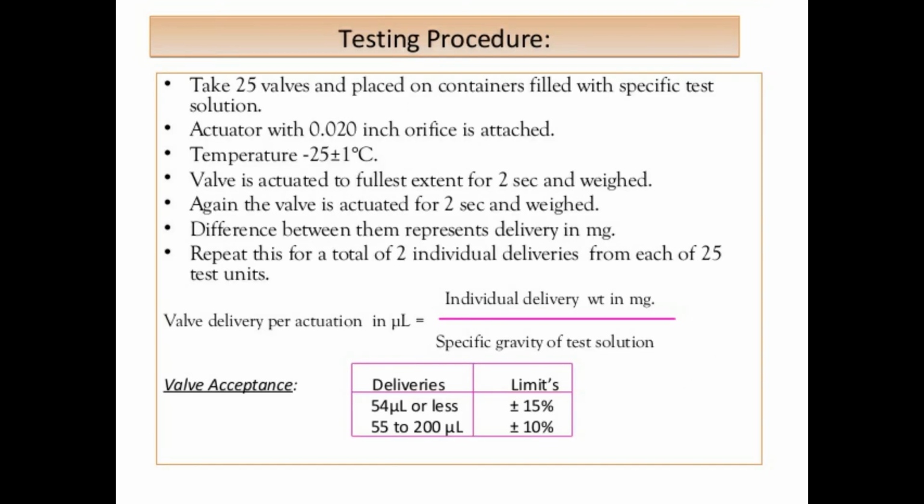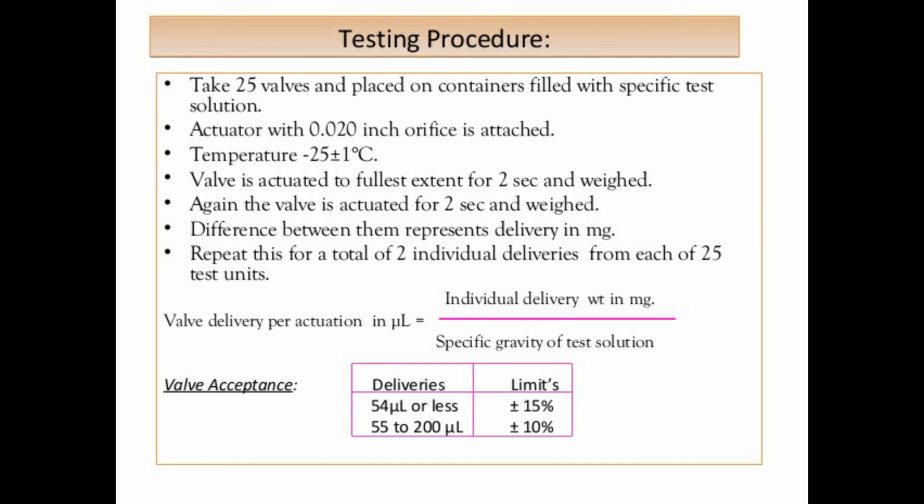The testing procedure is to take 25 valves and place them on containers filled with the specific test solution. An activator with 0.020 inch orifice is attached. Temperature is minus 25 plus or minus 1 degree centigrade. The valve is activated to the fullest extent for 2 seconds and weighed. Again, the valve is activated for 2 seconds and weighed. The difference between them represents delivery in mg.